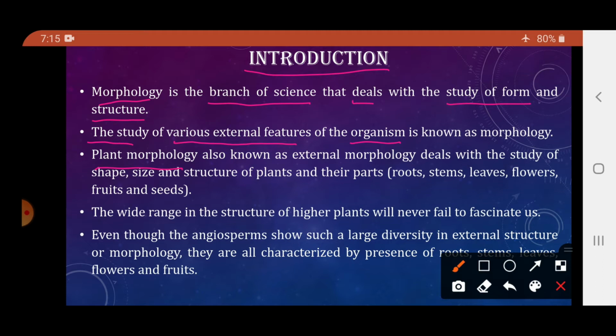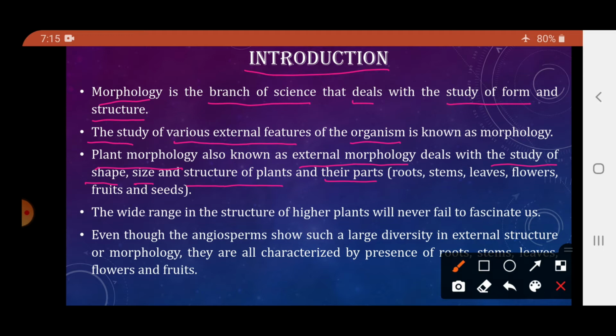Here, as we are dealing with plant morphology, what is plant morphology? Students, plant morphology is also called external morphology, and it deals with the study of the shape, size and structure of plants and their parts. So plant morphology deals with the study of the size, structure and shape of the plant as well as the plant parts.